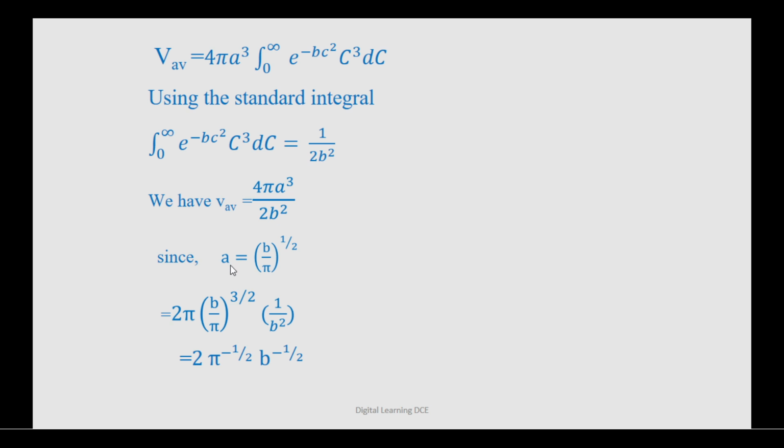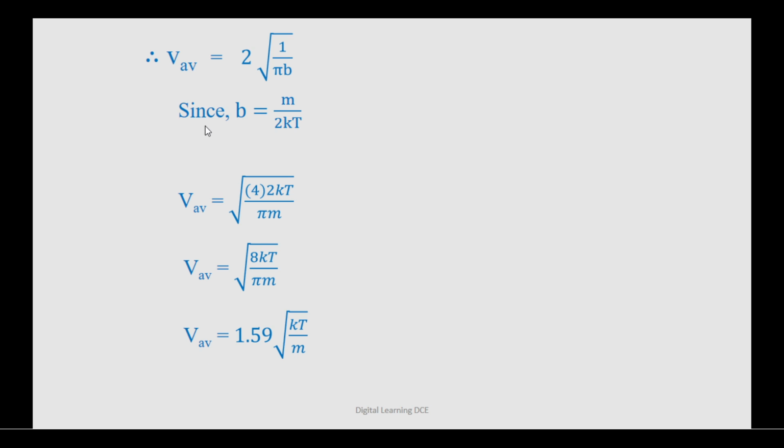On substituting the value of a, that is (b/pi) to the power 3/2, we get V average equal to 2 into pi to the power minus 1/2 and b to the power minus 1/2. Next, on substituting the value of b, we get V average equal to 4 into the square root of 2kT by m.